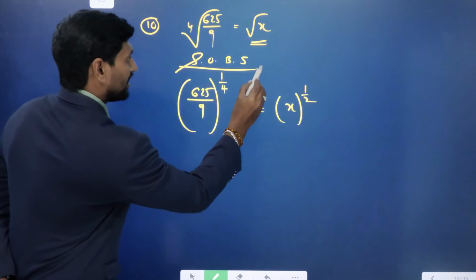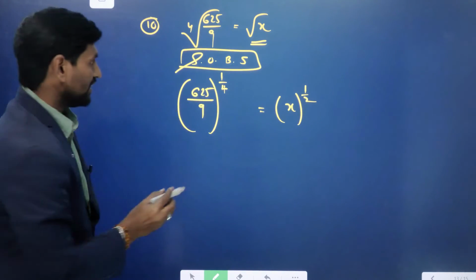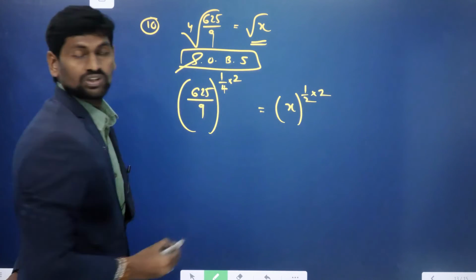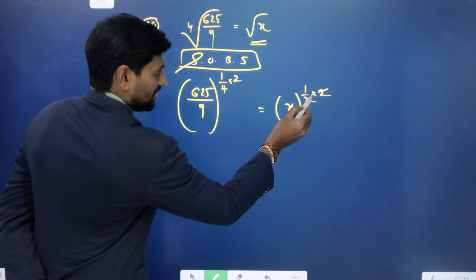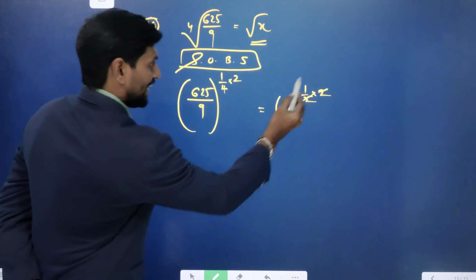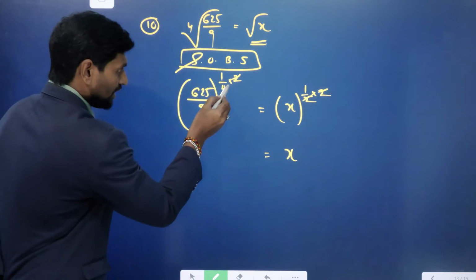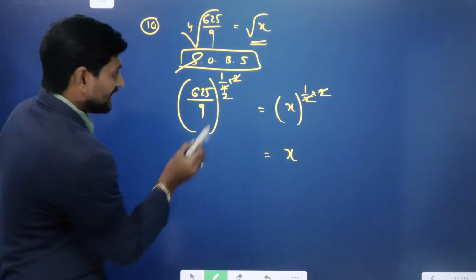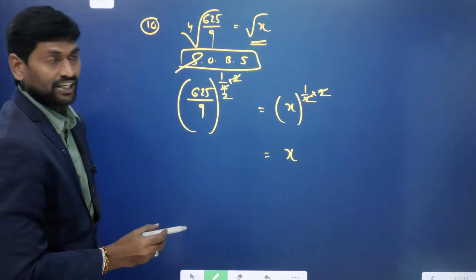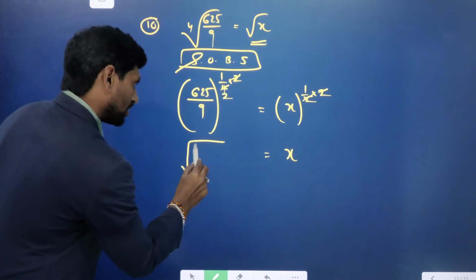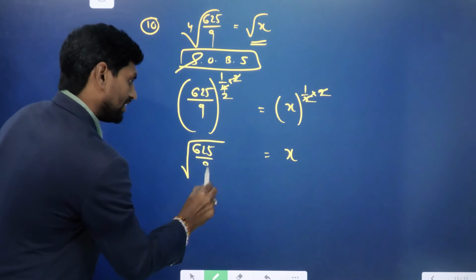Now what I have written here? Squaring on both sides. Here square and 2 cancel, x power 1, value x itself. Here 2 times in 4, 2 times, nothing but 1 by 2. 1 by 2 whole to the power of 1 by 2 means square root. That means the square root of 625 by 9.